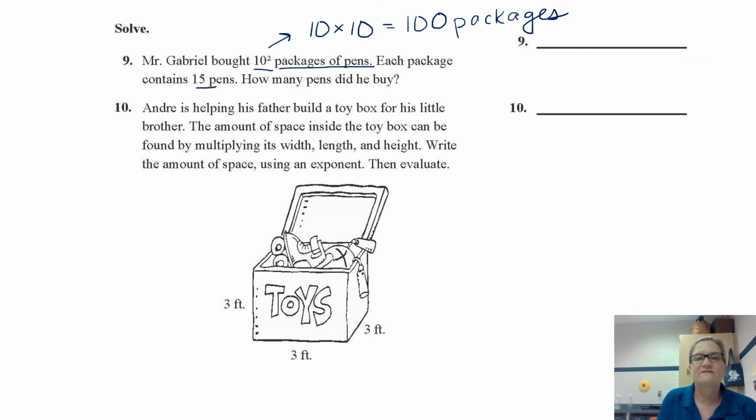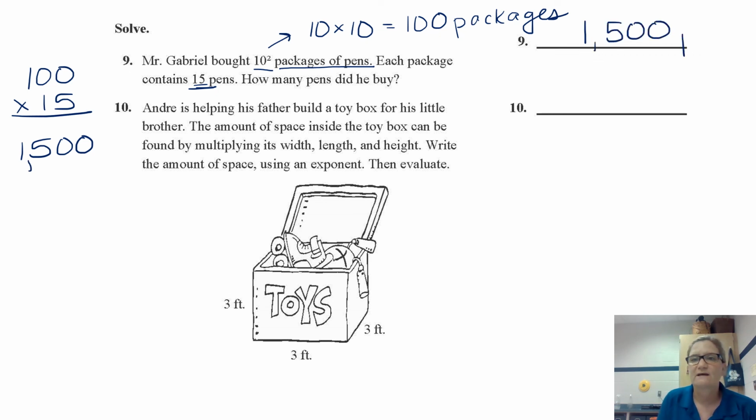And if there's 15 pens in each package, that would be 100 times 15. You should be able to do that mentally. That would be 1,500. You would have 1,500 pens.